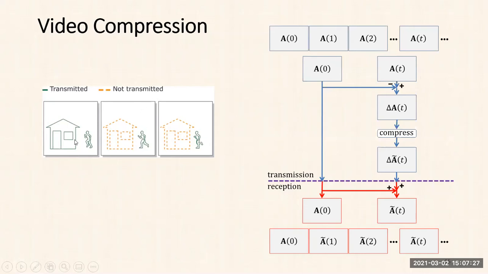The first time we transmit this whole thing, and then we take the difference between the next image and the original one, compress it and transmit it, and then we reconstruct. We assume the compression doesn't deteriorate the quality of the difference image, so we add the two together and get a close approximation of A_t for subsequent time frames.